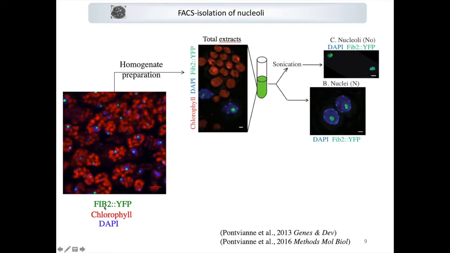For that, we use a marker, fibrillarin 2, fused to a yellow fluorescent protein. We can use the fluorescence of fibrillarin 2 or DAPI to directly isolate nuclei by cell sorting, or after a sonication step, we disrupt the nuclear membrane, and the nucleoli stay intact because they are very dense structures. We can then use the fibrillarin 2 YFP signal to sort them by FACS.